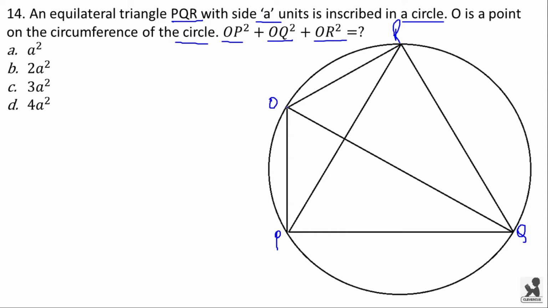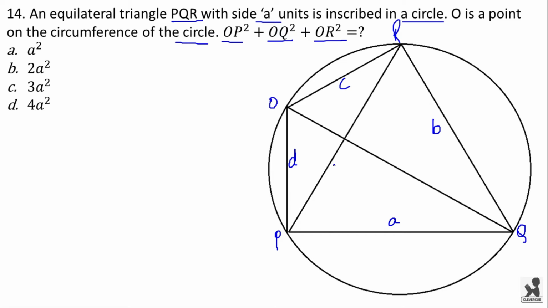Here you can see a cyclic quadrilateral OPQR. In such quadrilaterals, you have to observe one property. I am explaining a concept over here now. Let the length of PQ be A, let the length of QR be B, let the length of OR be C, and the length of OP be D. Here you can see OQ and PR are diagonals of this quadrilateral.